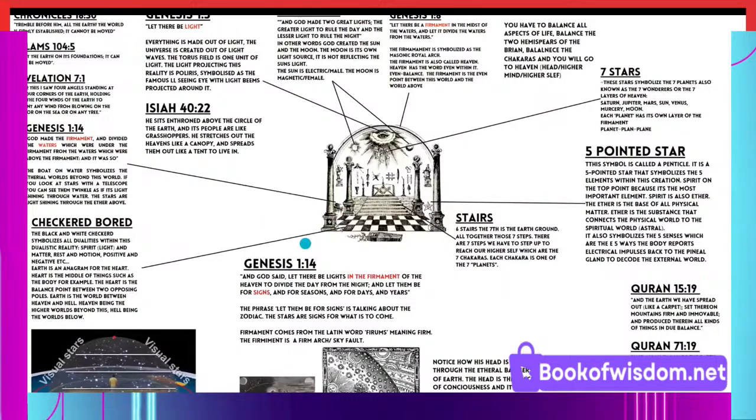Then we have the Masonic checkerboard, the black and white symbolizing the dualities within the dualistic reality we are in: spirit and matter, light and matter, rest and motion, positive and negative, good and evil. Everything's dualistic here. And it's a dance. The universe is a dance between flickering white and black light, which is the torus field.